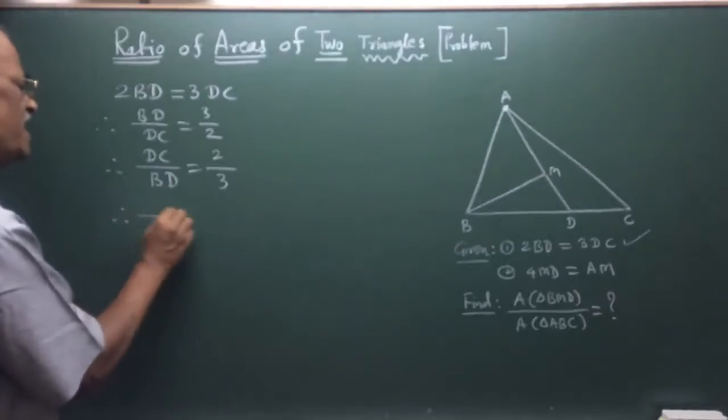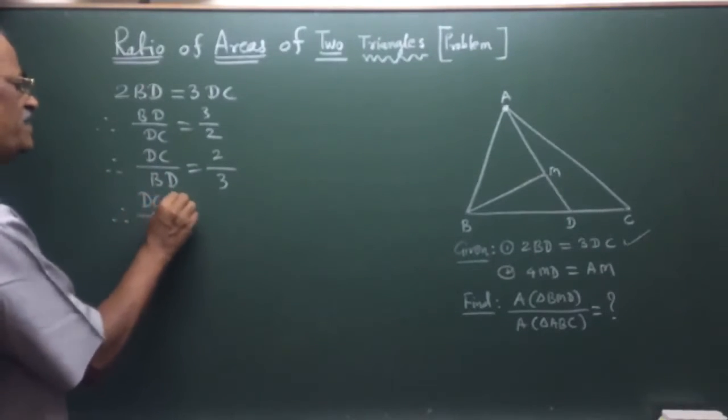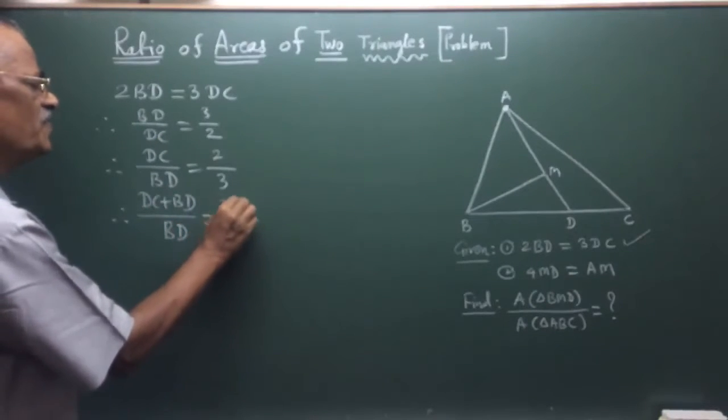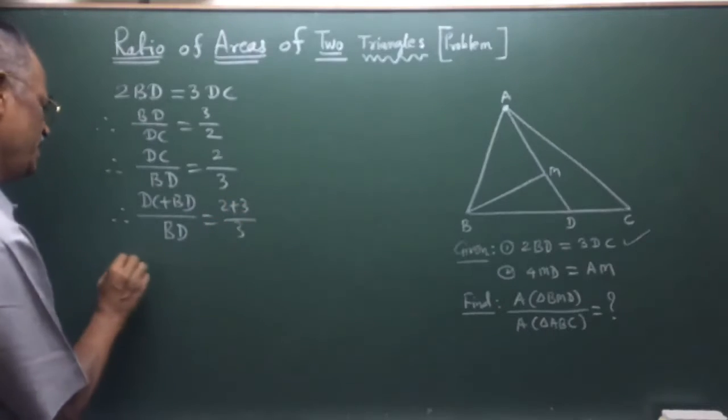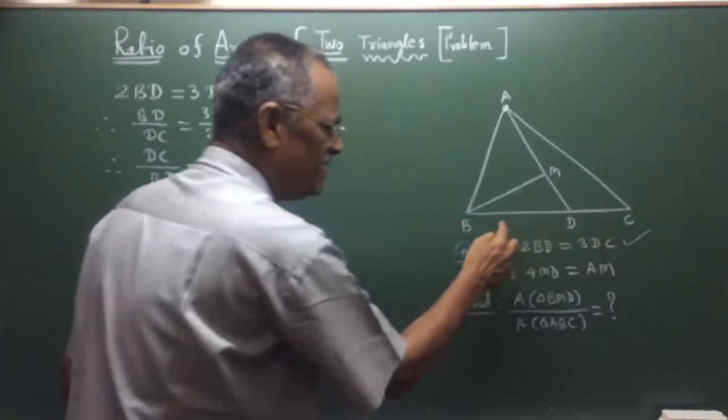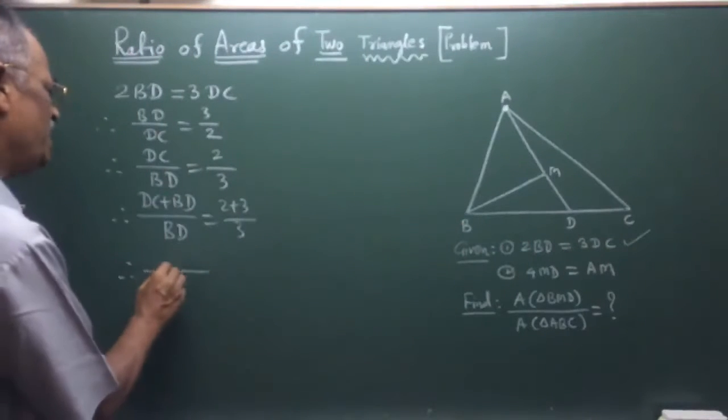Now, DC plus BD upon BD is equal to 2 plus 3 upon 3. What is DC plus BD? DC plus BD is BC. Remember that.